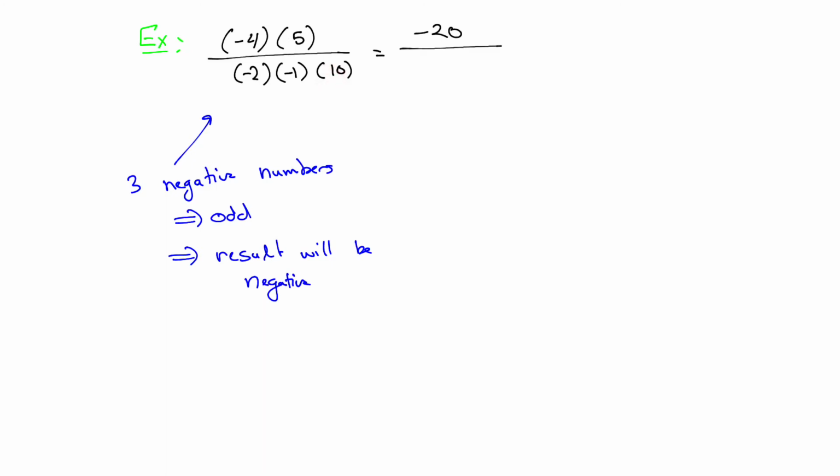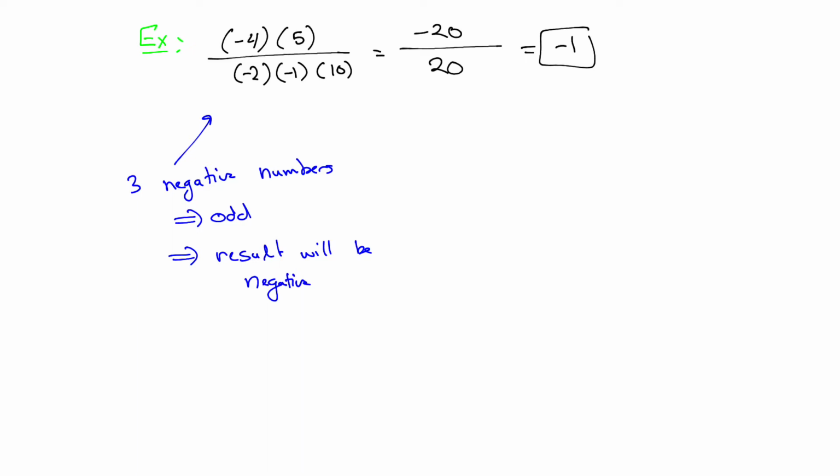Positive times a positive is a positive. 2 times 10 is 20. So we get -20 over +20. That's a negative divided by a positive. The result will be negative, which is exactly what we were expecting. So 20 divided by 20 is just 1. So the answer is -1. Any questions on that?